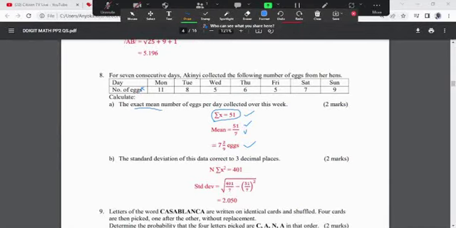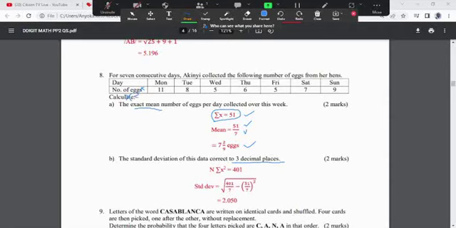The standard deviation of this data correct to 3 decimal places. It's good that you always underline correct to 3 decimal places so that you remember the accuracy of your answer. We want standard deviation, and for standard deviation to work, we need to find another row here for the x squared.